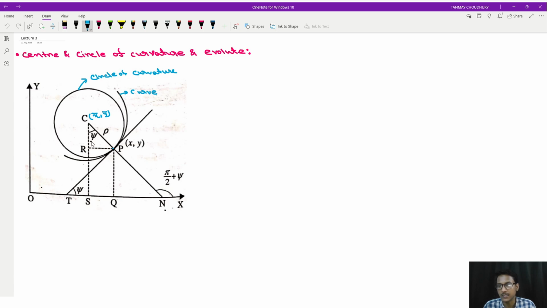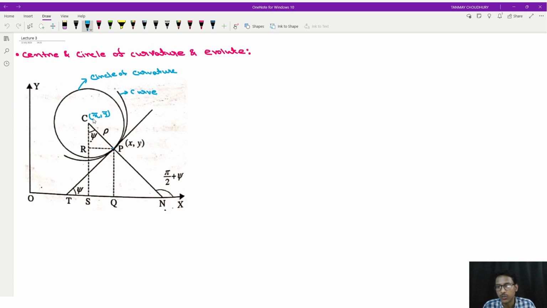For that reason the angle SCP will also be psi, because the angle between PT and the x-axis is psi. CP is perpendicular to PT and CS is perpendicular to the x-axis, so the angle between them is preserved, which is the same as psi.